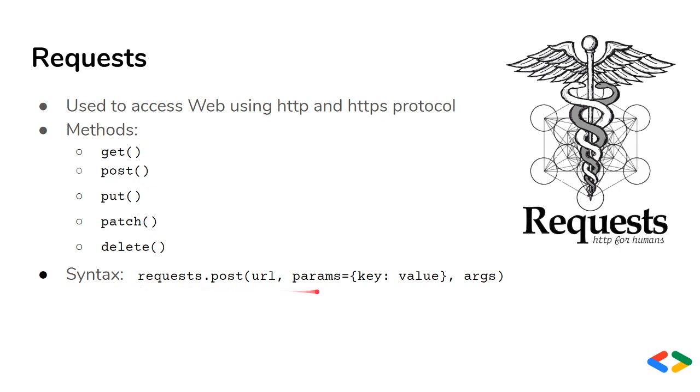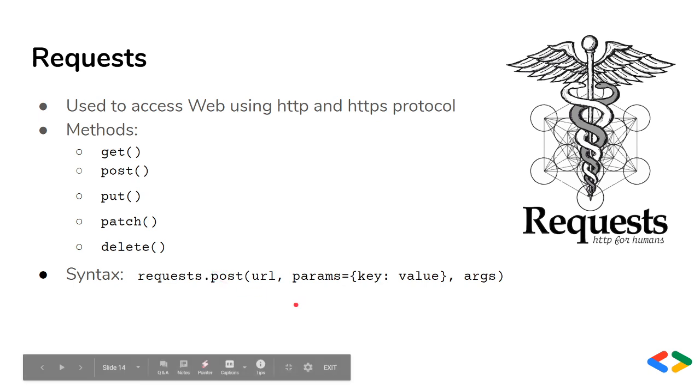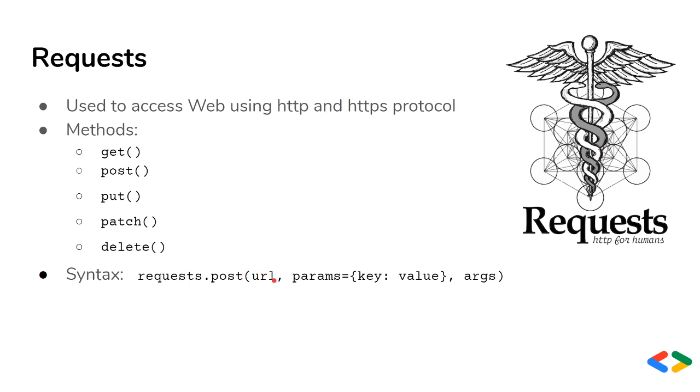Next, the most important thing is to understand the syntax, how you write code. You will put requests dot get, post, put or patch, whatever you want to do, and then you will put the URL of the website that you're trying to access. Then there'll be params, and for the params you'll have keys and values. These are everything in a URL that you see after a question mark.